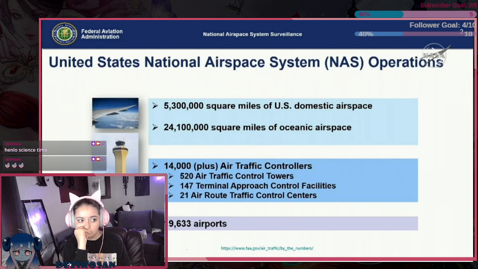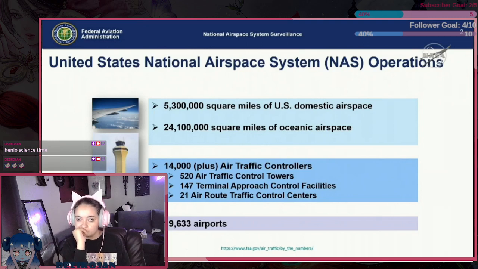We have over 14,000 controllers, 520 air traffic control towers, which are located at the highest density of airports, and I'll refer to those as towers in subsequent slides.